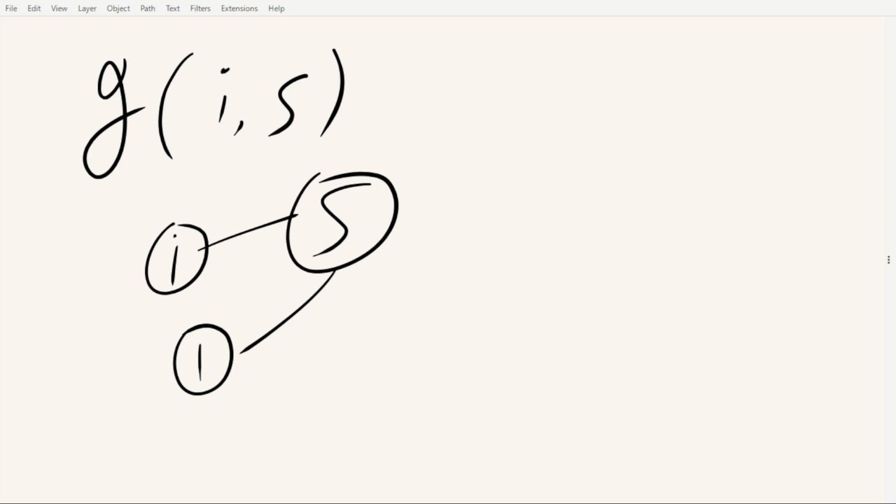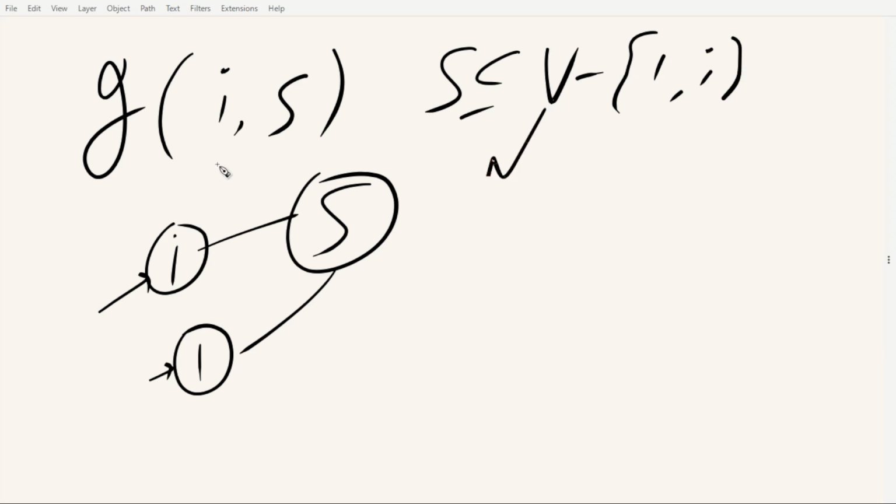So S excludes these two, city 1 and city i. Our requirement is that S is a subset of V minus {1 and i}, where V is the set of all cities, p equal to 1 up to n. So S contains the intermediate cities, excluding city 1 and city i.